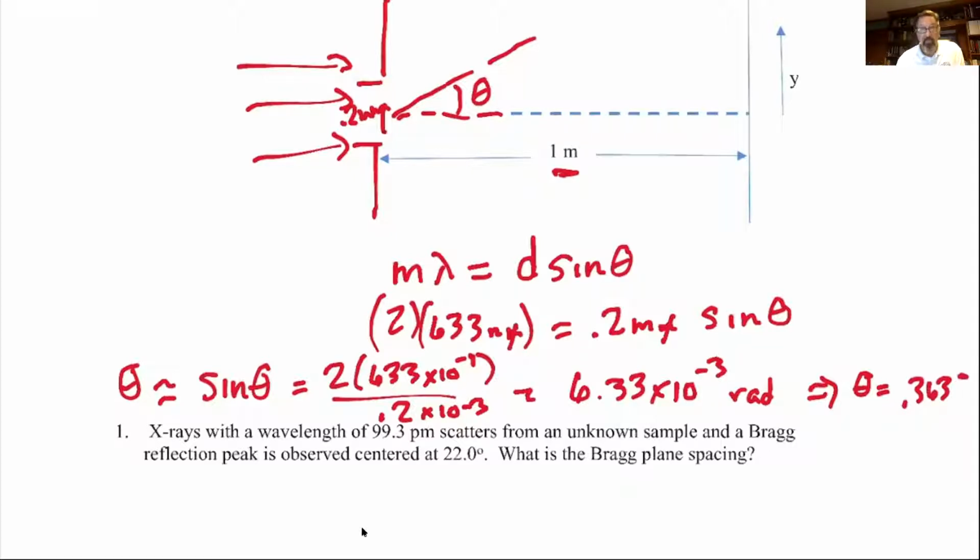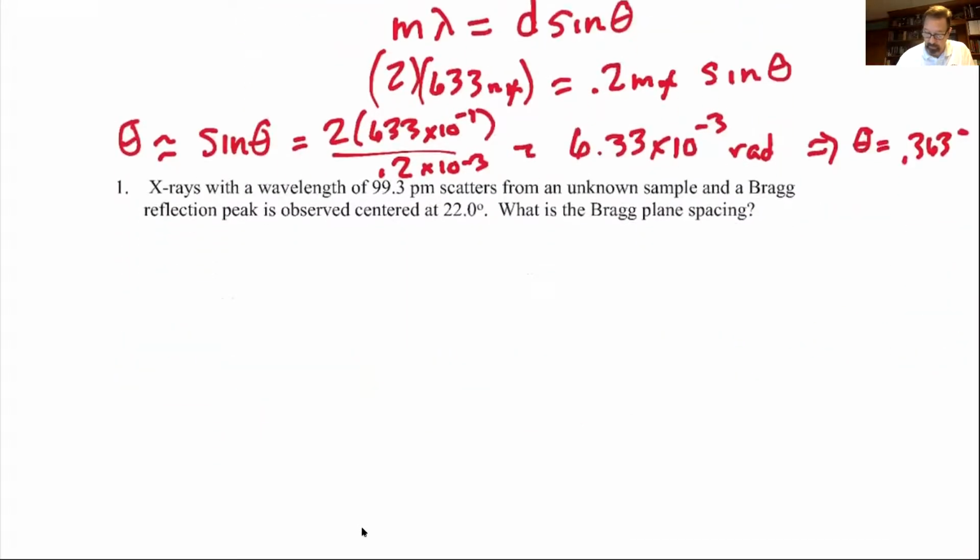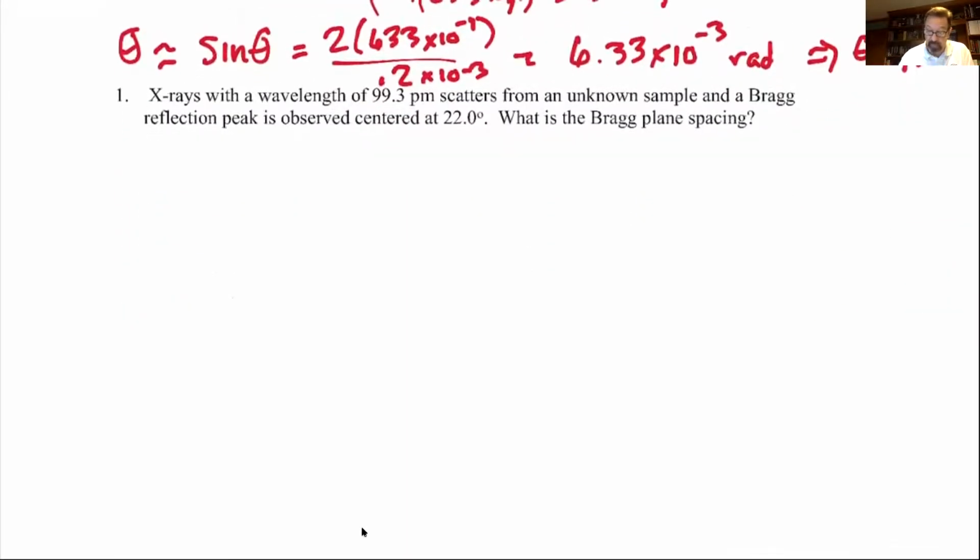Okay. Young's interference, this would be the same way I would go about a diffraction grating problem. It's not going to be the way you do the three problems that we're going to do here in class for Bragg scattering. I do it to point out, don't do this. Your equation will be slightly different. Your equation is still some integer multiple of wavelengths gives you constructive interference, gives you a bright spot.